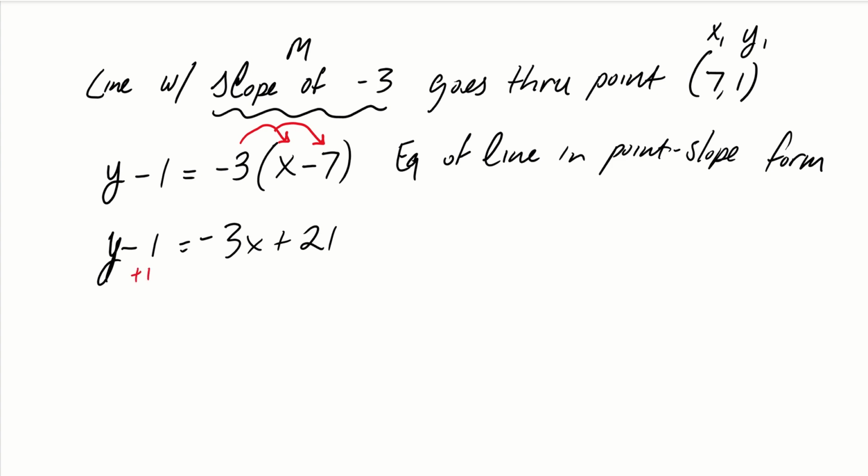And then I can add 1 to both sides. And so I end up with y equals -3x plus 22. Now I'm in slope-intercept form.